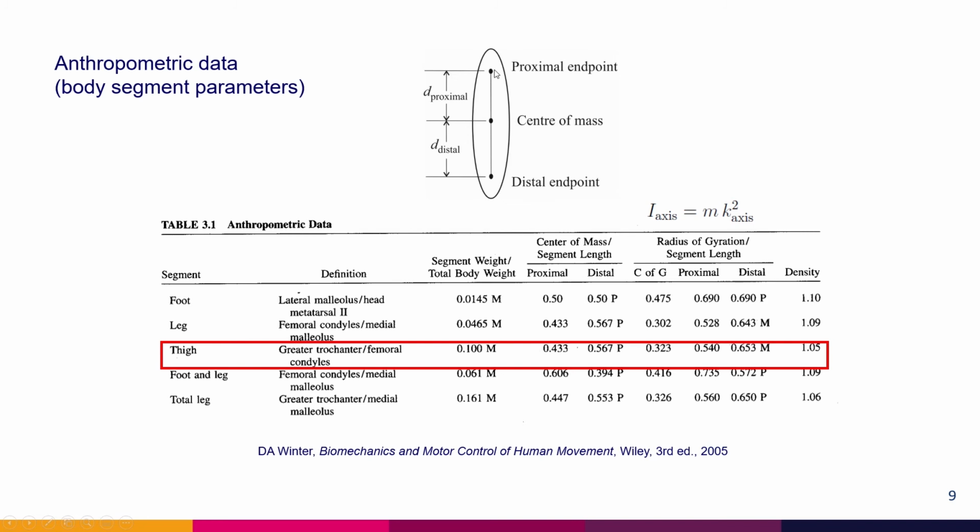So coming down from the top or the proximal end, 43% we get to the center of mass. And then we can have the radius of gyration and moment of inertia relative to the center of gravity or the center of mass, and relative to either end, proximal or distal. So this gives us a kind of general feel for the body segment parameters for a particular person.